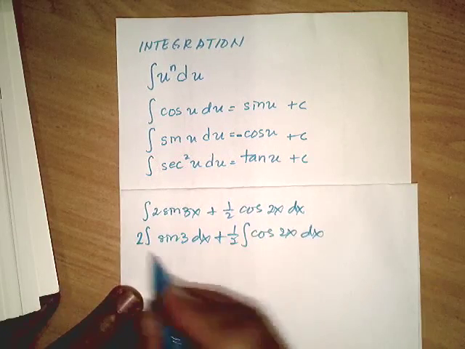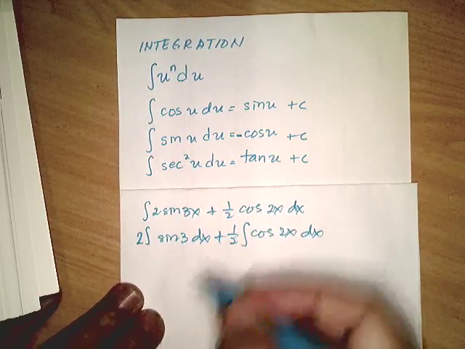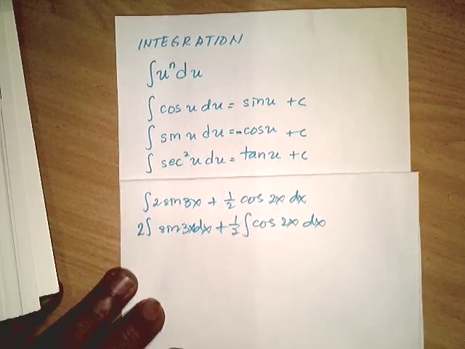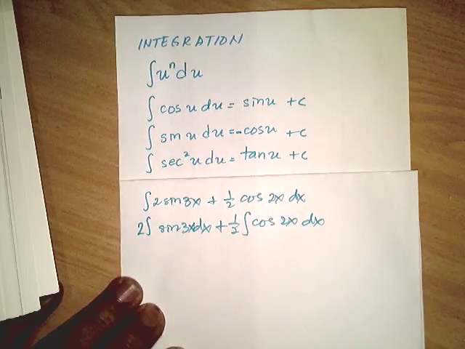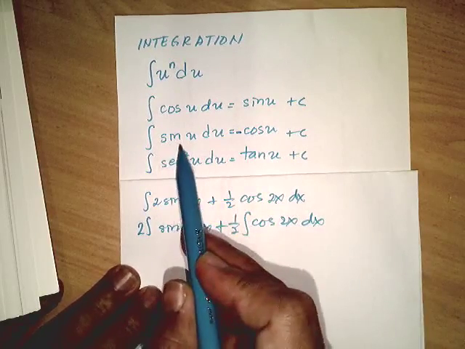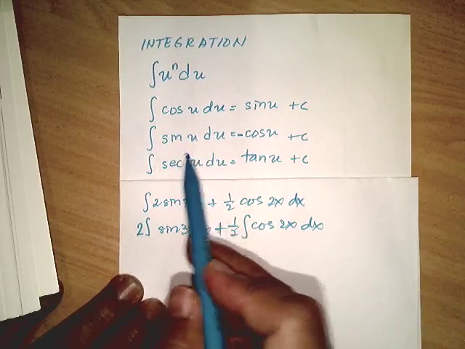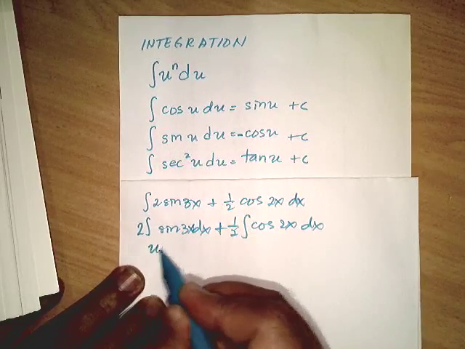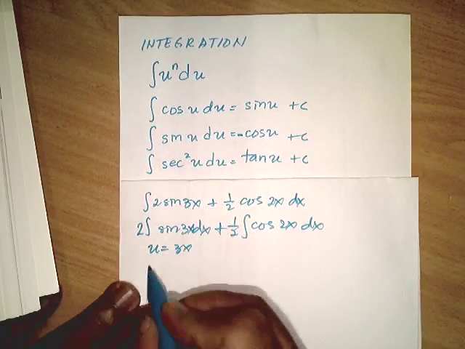Alright? And then after this, sorry, this is 3x. Then after this, we can do the substitution. In this case, we look at the formula for sine u du. So our u is 3x. You need to let u be 3x.